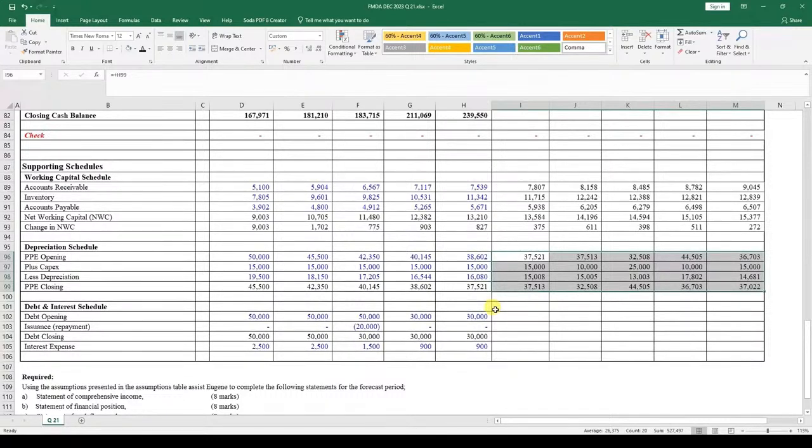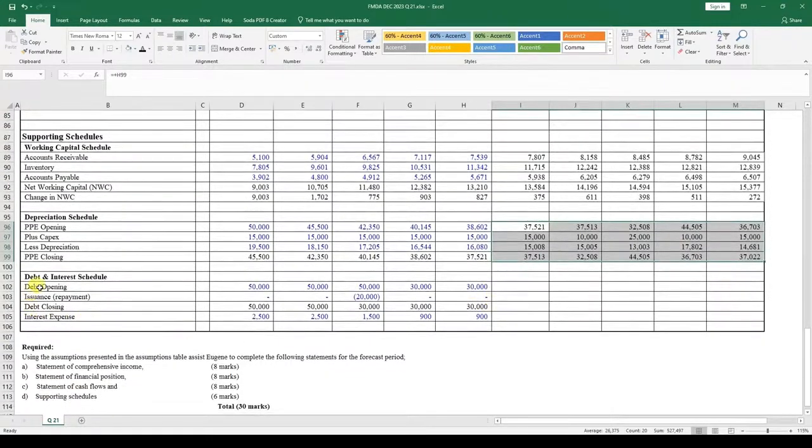Now the final supporting schedule is the debt and interest schedule here. How do we model it? The debt opening, just like the way we did the opening in the depreciation schedule, this value is that value, that value is that value. So it goes without saying this value is going to be that value. So pick it from there.